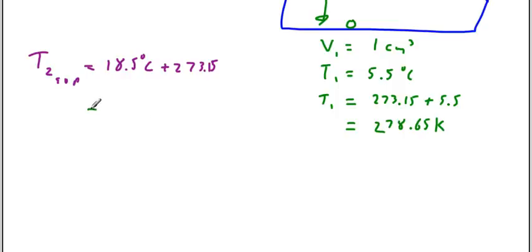All right, now I'm going to add those guys up, and 0.65, 1 to carry, 1 to carry, 9, 2 Kelvin. Okay, what is the volume of the bubble just before it reaches the surface?